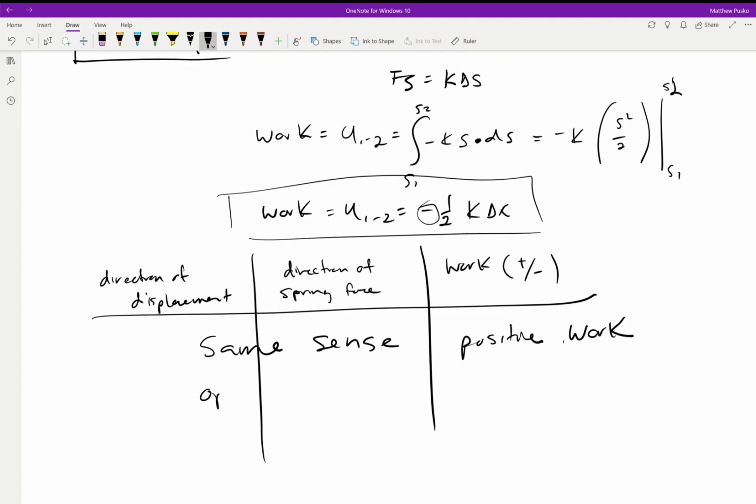If they have opposite sense, then it's negative work.